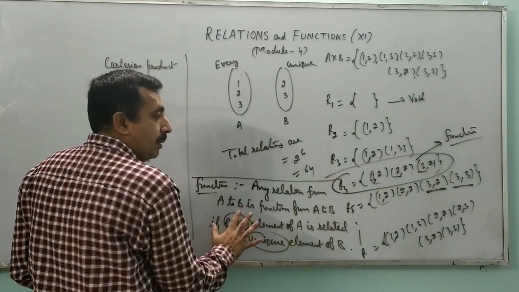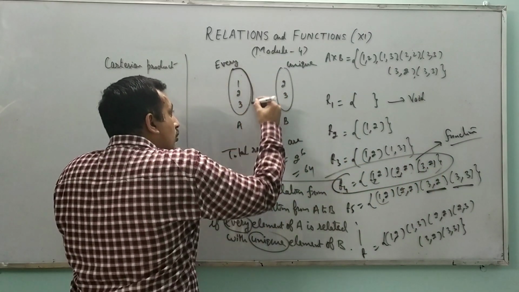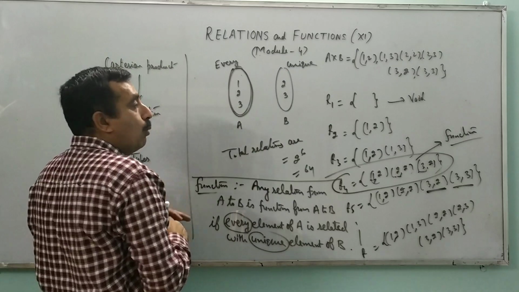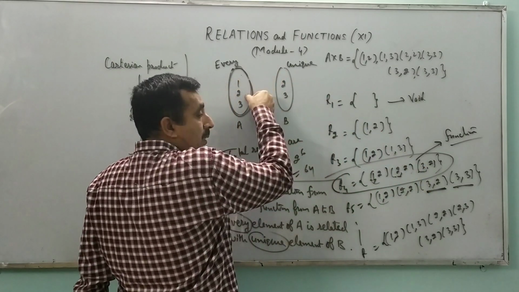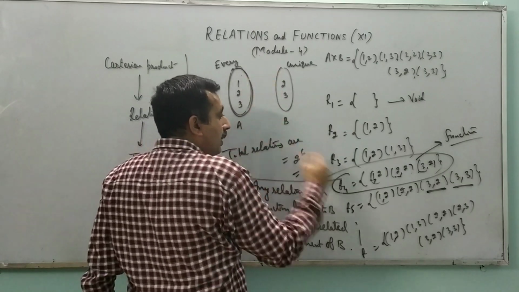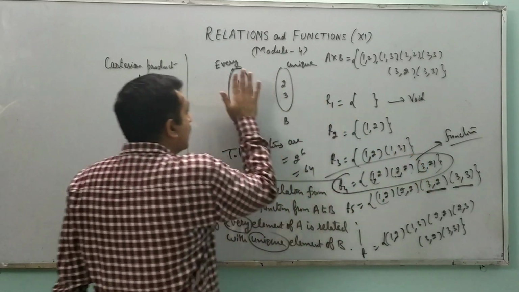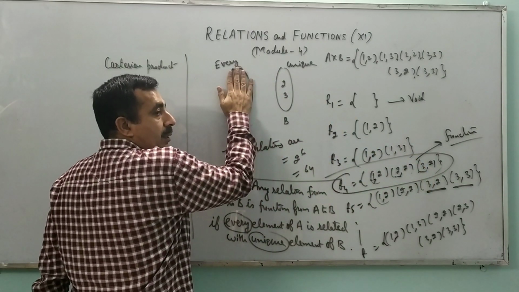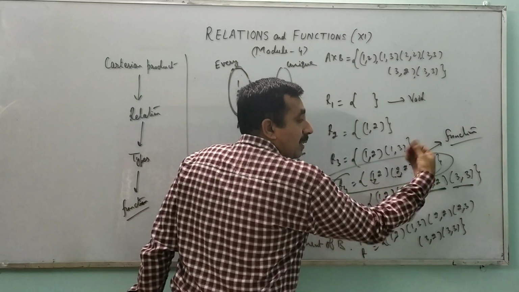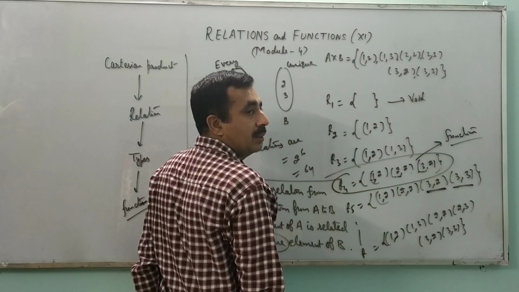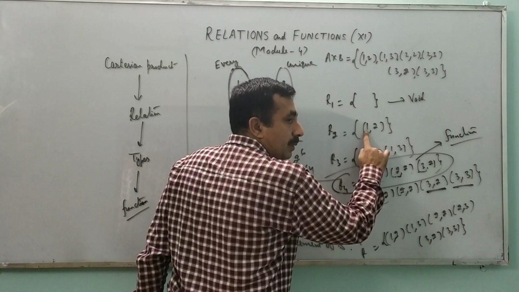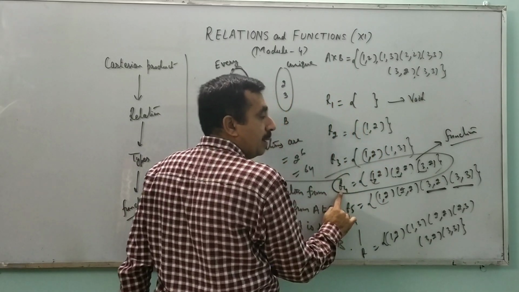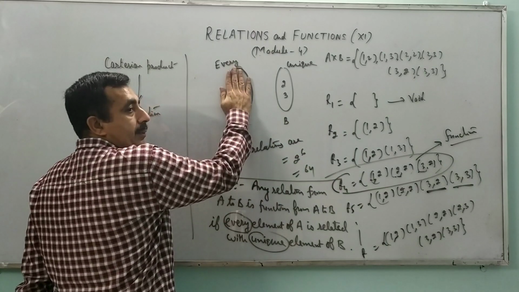But in the function chapter, this whole set is domain, because every element will come: 1 will come, 2 will come, 3 will come, all will come. This whole set is called domain. The second element is called range. In the relation chapter, the first number is domain. In the function chapter, the whole set is domain.